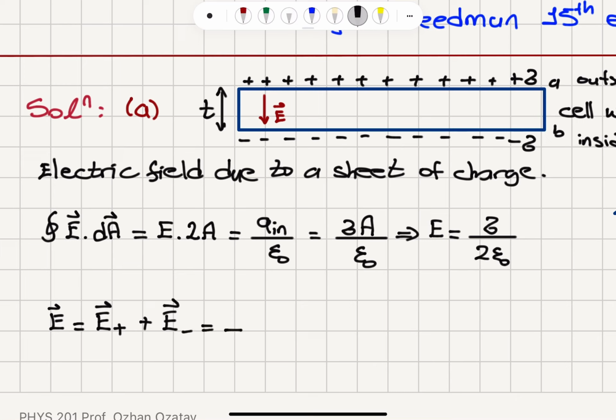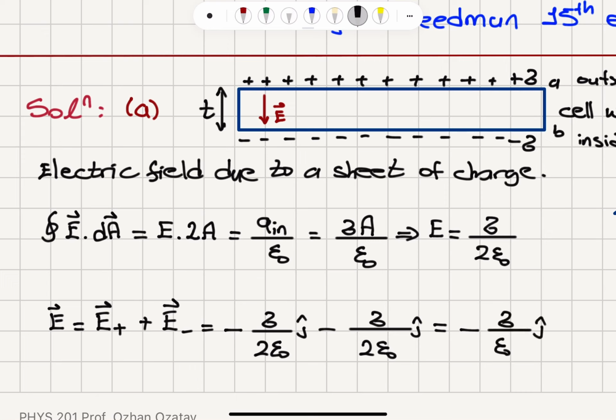They are both sigma over 2 epsilon 0 pointing in the minus j hat direction, so they add up to give a total electric field of minus sigma over epsilon 0 j hat.